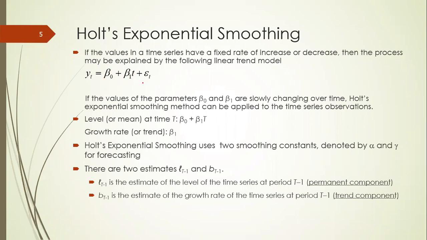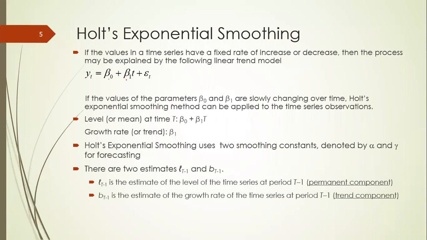What this means is, this is the minimum level with which it starts even before time t equal to 0, and beta 1 is the rate at which the value of yt changes as time progresses.